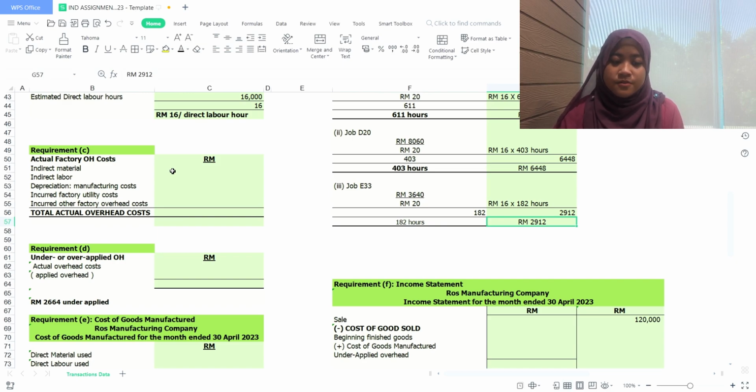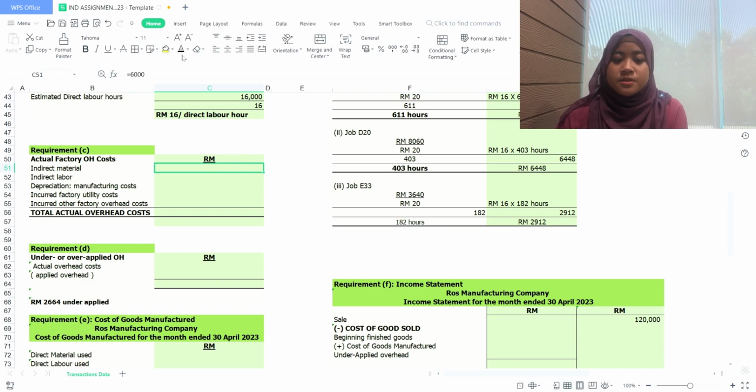We have to identify the items under the actual factory overhead cost, which is indirect material, indirect labor, depreciation manufacturing cost, factory utility cost, and other factory overhead costs.